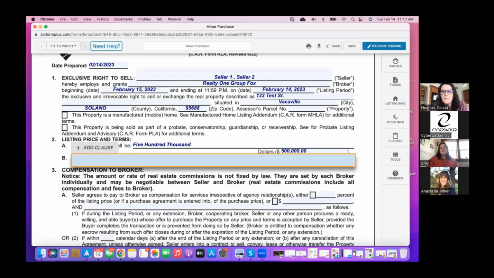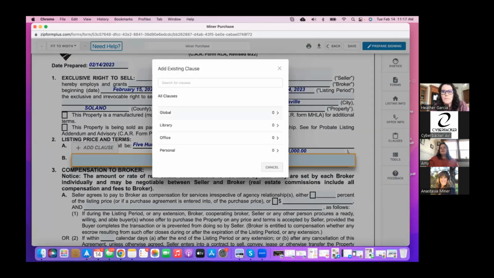So this is where, if you've got clauses saved under your templates, you could pull those clauses in.